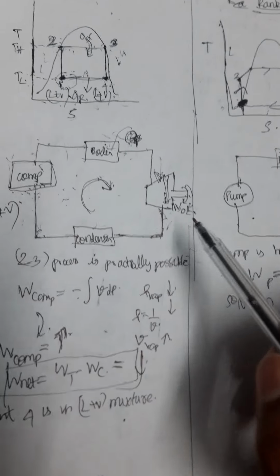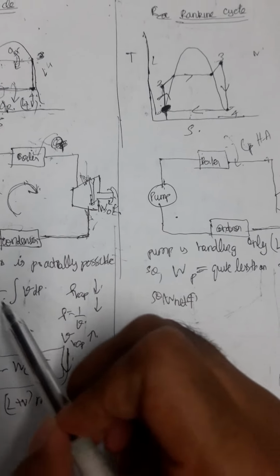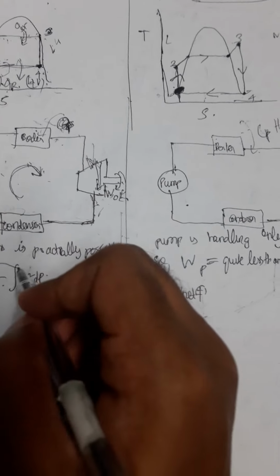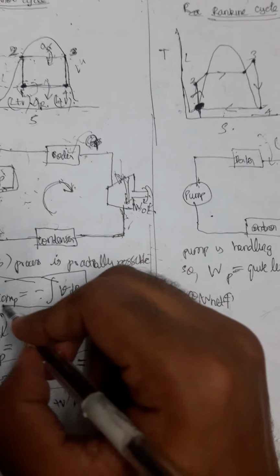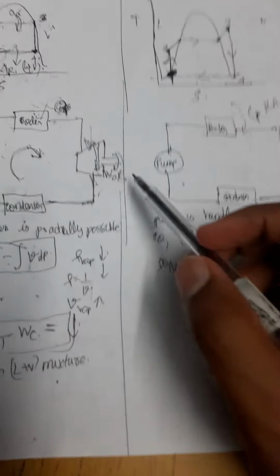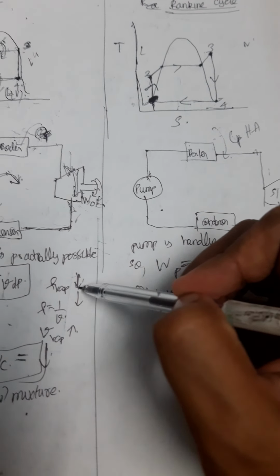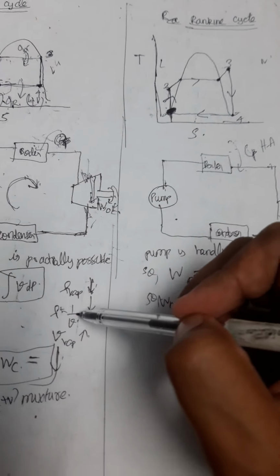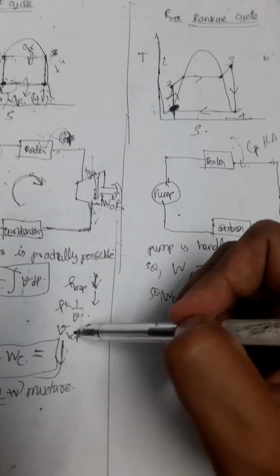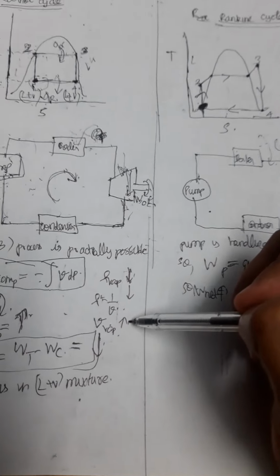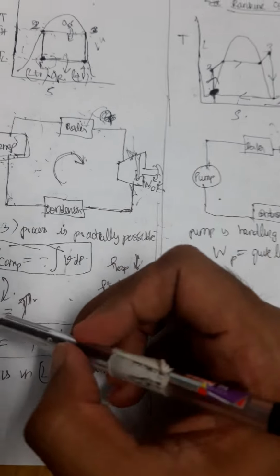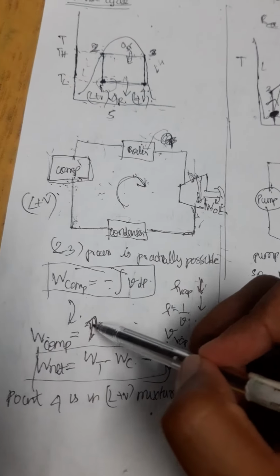As we all know, work done by the compressor is given by the formula minus integral VdP. For vapor, density is much lesser, so specific volume, which is the reciprocal of density, is going to be pretty high in this case. So the work done by the compressor is going to rise exponentially.